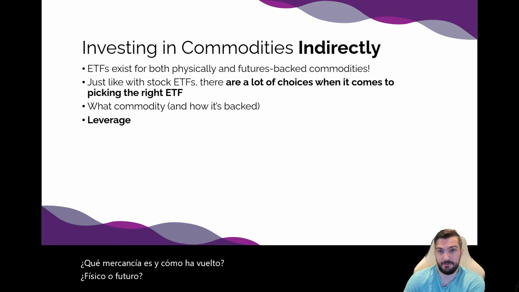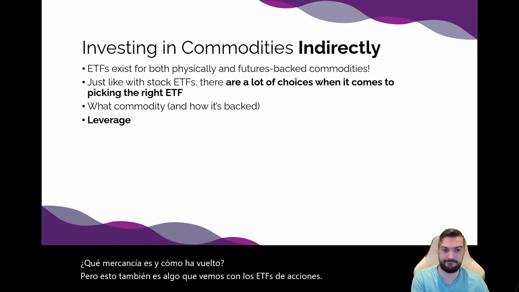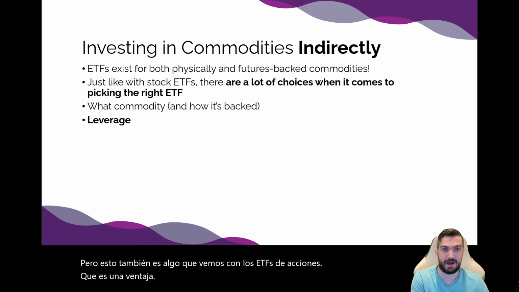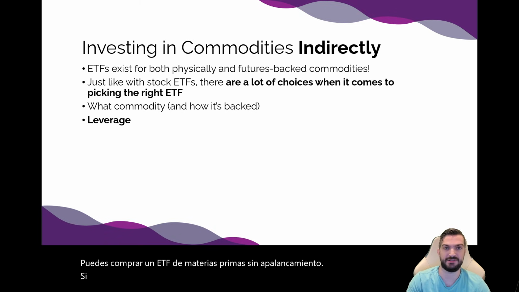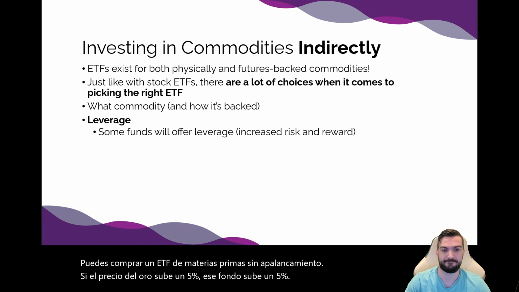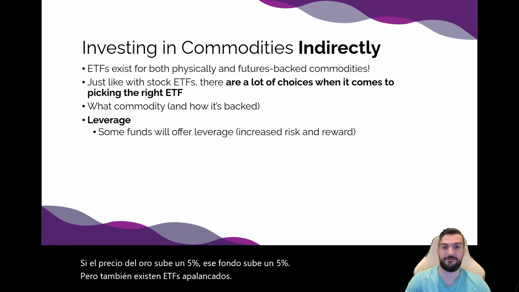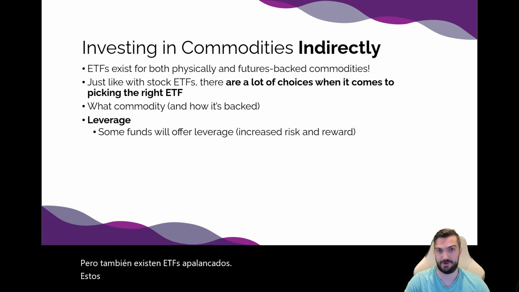But also, this is something that we see with stock ETFs, which is leverage. You can buy an unleveraged commodity ETF. If the price of gold goes up by 5%, that fund goes up by 5%. But leveraged ETFs also exist. These funds offer higher risk and higher reward.